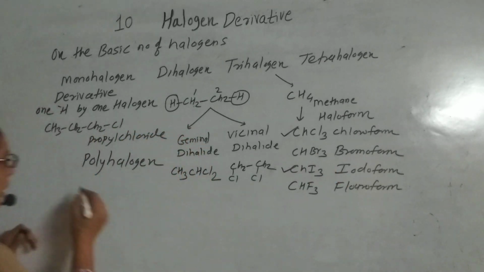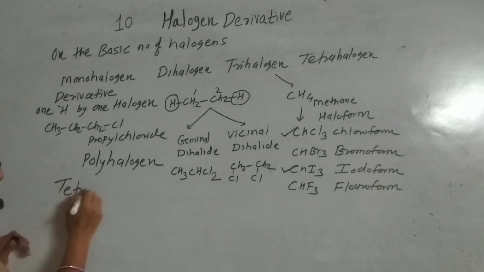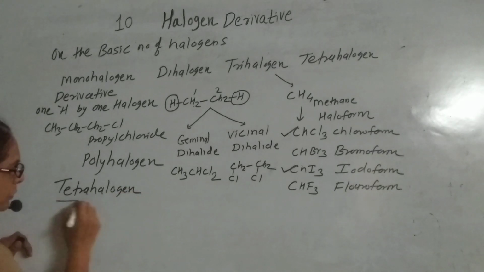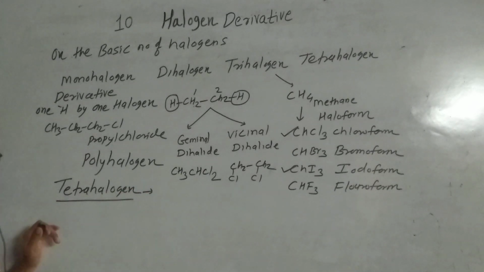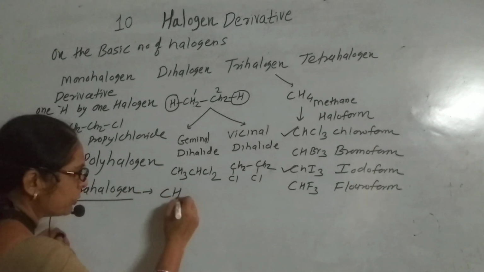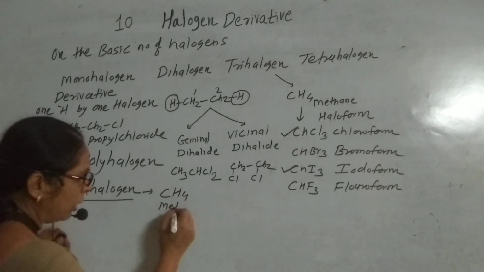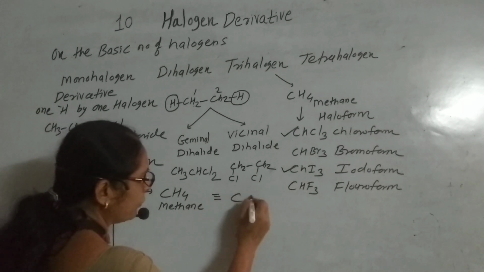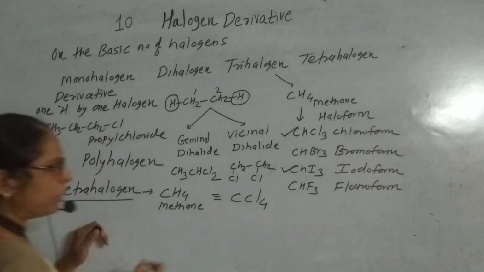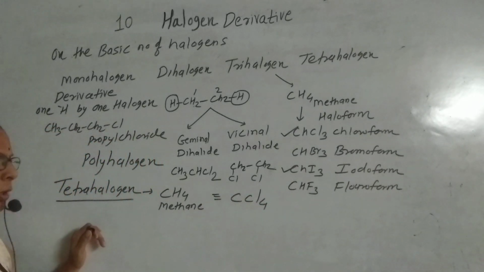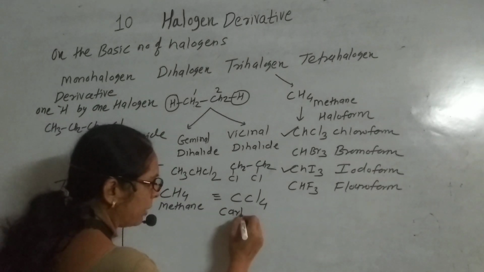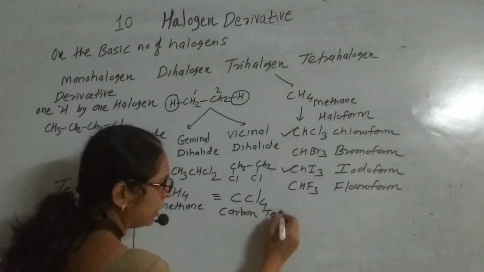The next is the tetrahalogen derivative. It is obtained by replacing all the hydrogens. Suppose I consider methane, then if all hydrogens are replaced by halogens, for example chlorine, then I get CCl4, that is called carbon tetrachloride.